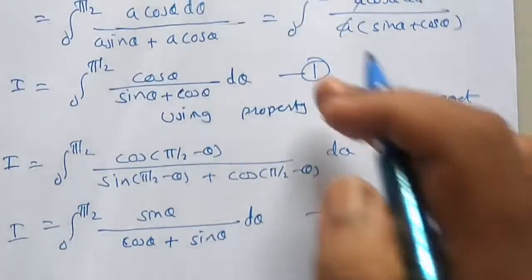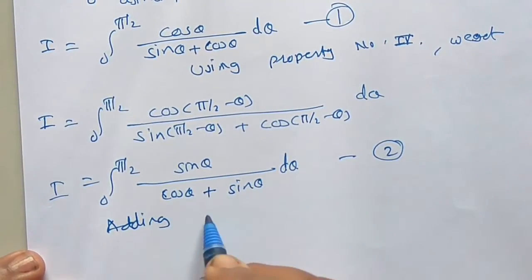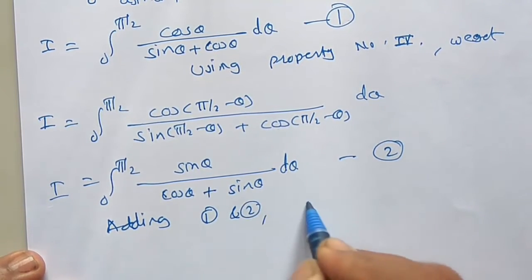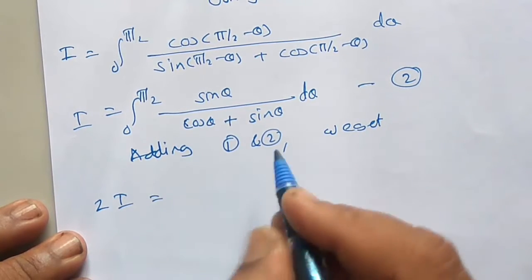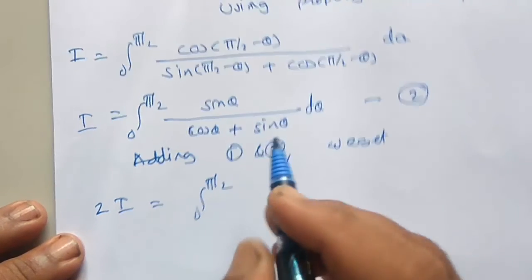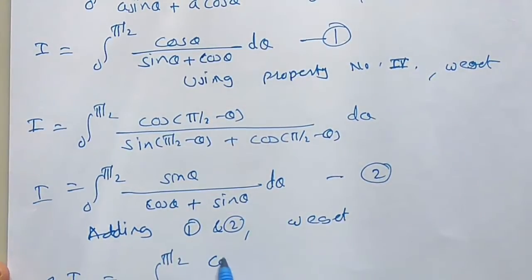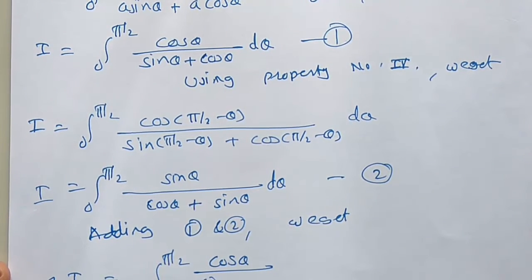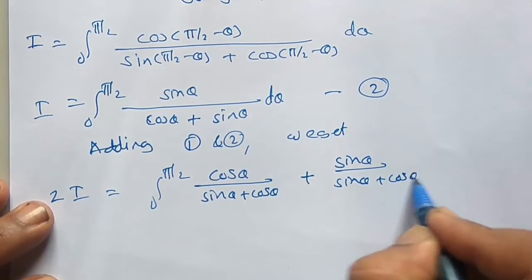Now adding 1 and 2, we get I plus I, it becomes twice I, integration 0 to pi by 2, the limits are the same. In the first it is cos theta upon sin theta plus cos theta, in the second it is sin theta upon sin theta plus cos theta d theta.